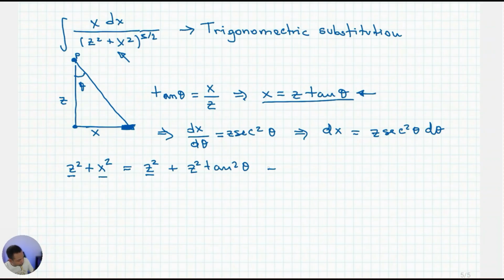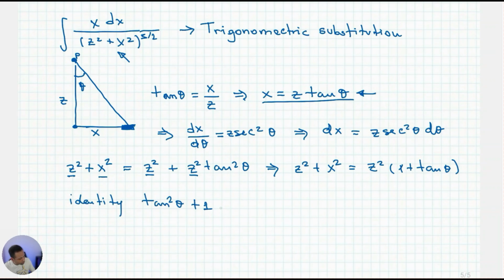Then we factor out z squared: z squared plus x squared is equal to z squared times (1 plus tangent squared of theta). Now we use the identity: tangent squared of theta plus 1 is equal to secant squared of theta. So we replace that identity here.